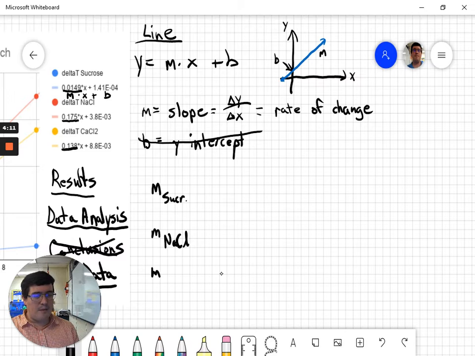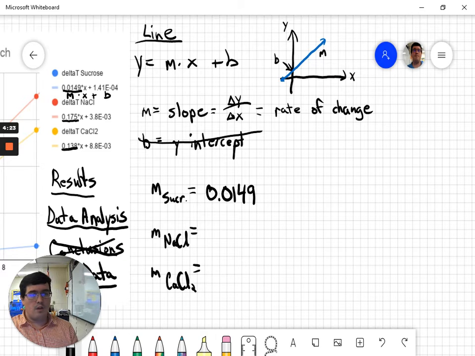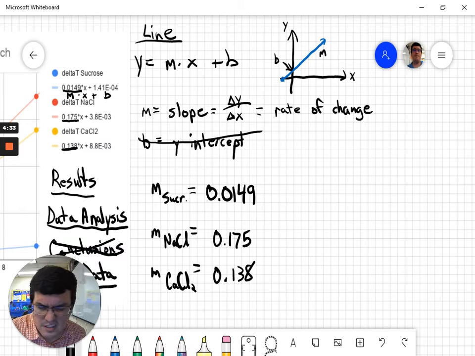And we're going to write the m of CaCl2, calcium chloride, all right? And what are those slopes? Well, sucrose is 0.0149. NaCl is 0.175. And calcium chloride is 0.138. Pretty sure that's a 38.